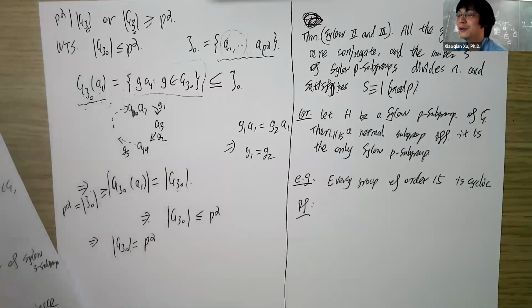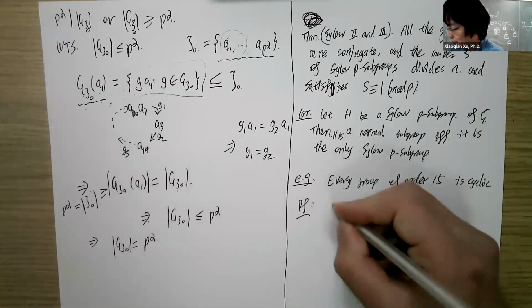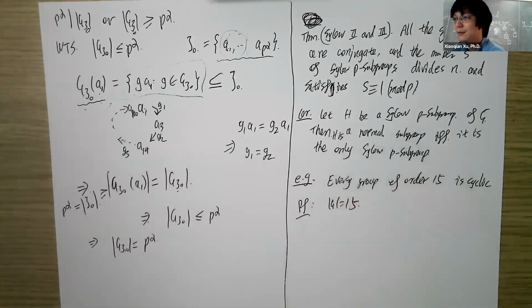Every group of order 15 must be a particular type. Why is that? How can we start? Any idea? Well, maybe I should ask you first. So it's a group of order 15.